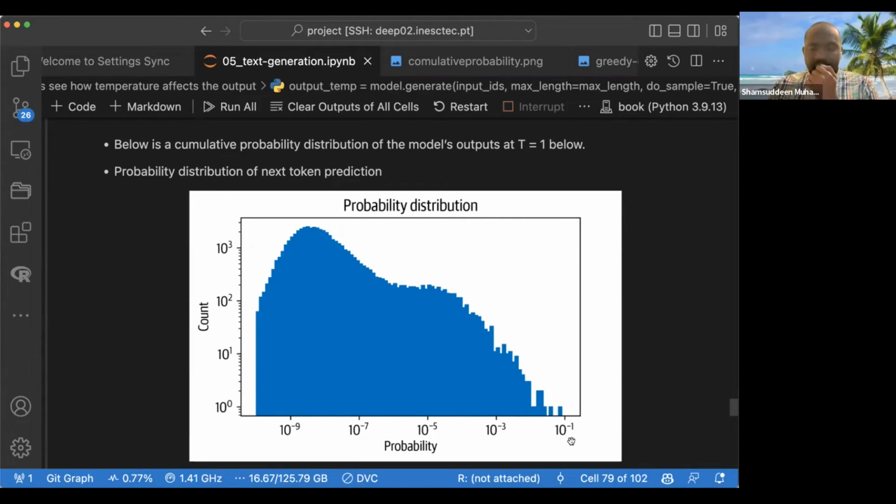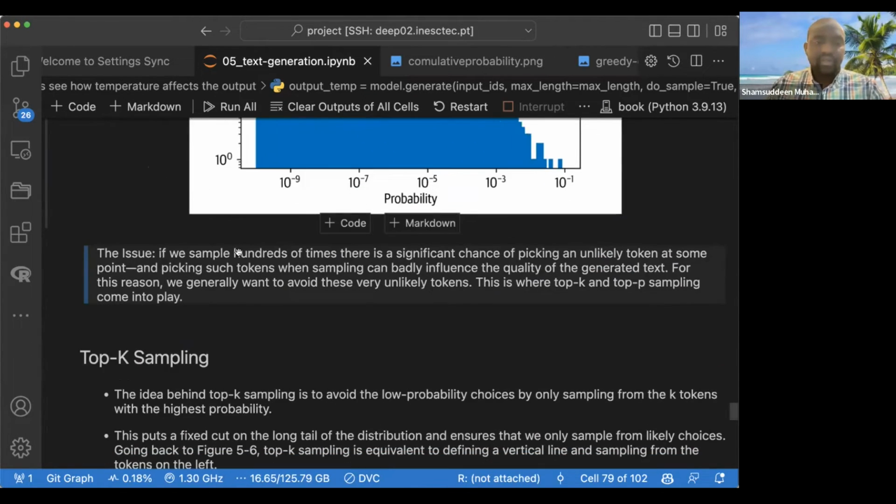When we have higher probability, the possible choices are few. But when you have small probability, then you have some kind of rubbish. You can have a very large number of possible tokens to select.